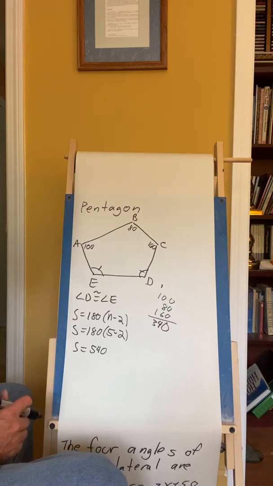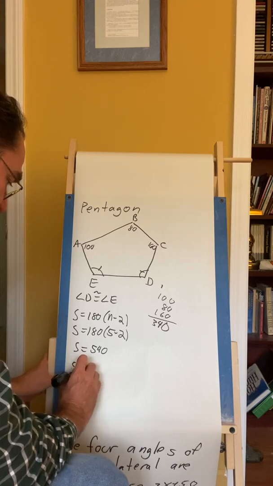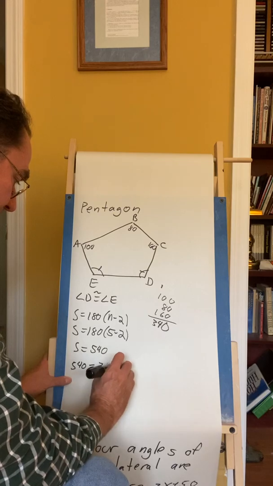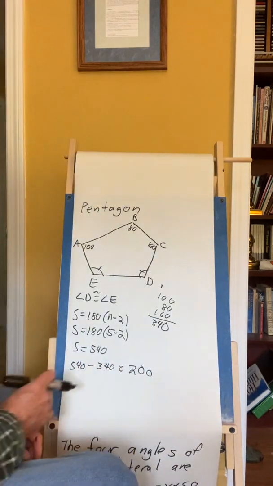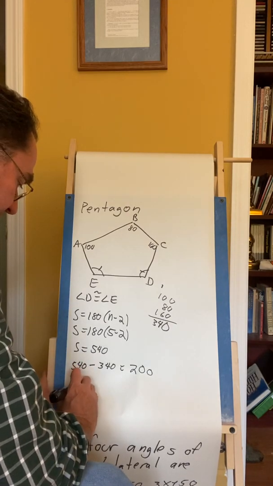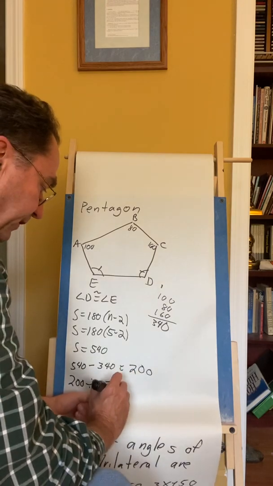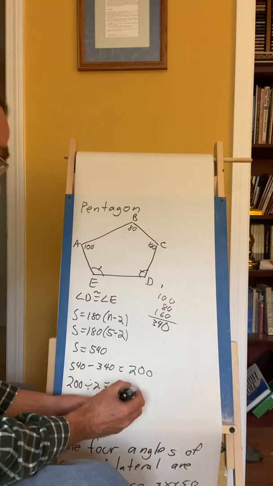So how do we find the remaining 2? Well, we take the 540. This is just like the isosceles triangle. We subtract the 340, and that gives us 200. But we know the two angles are equal, so if we do 200 divided by 2, we get 100. That's what angle D and angle E both equal, is 100.